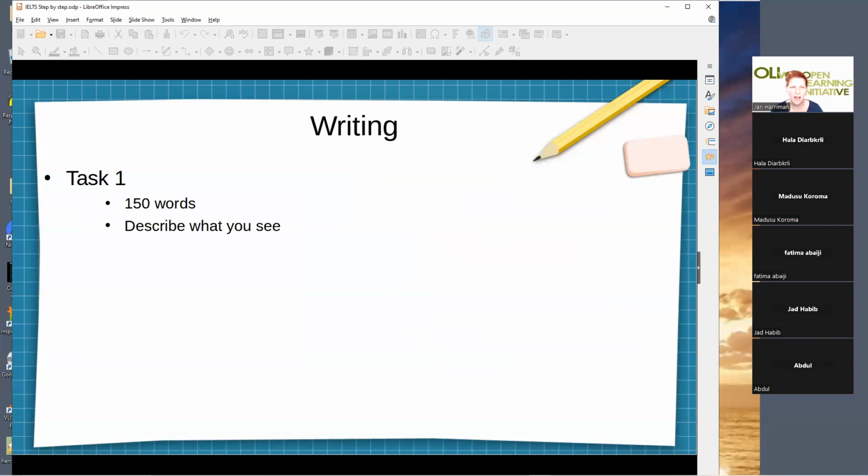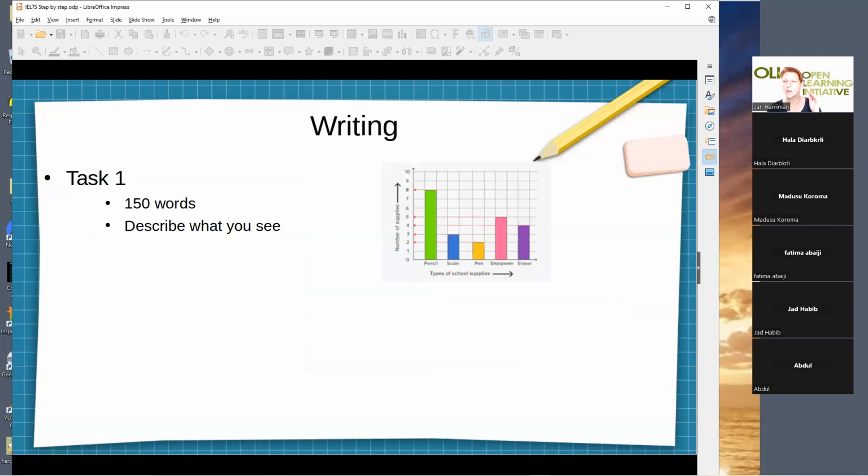So task 1, we've got 150 words to describe what you see, just what you see. No opinions, no outside knowledge required, just describe what you see. Describe it as though the person reading your essay cannot see it. I was taught that the perfect task 1 writing is a description so accurate that the person reading it can actually draw the graph you've described.